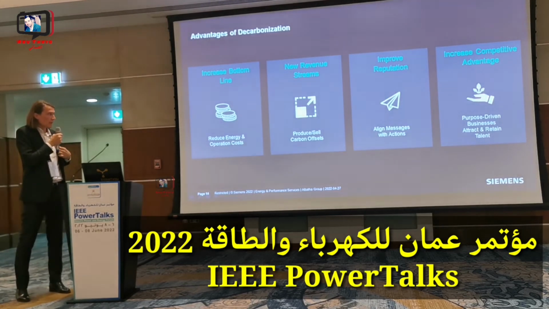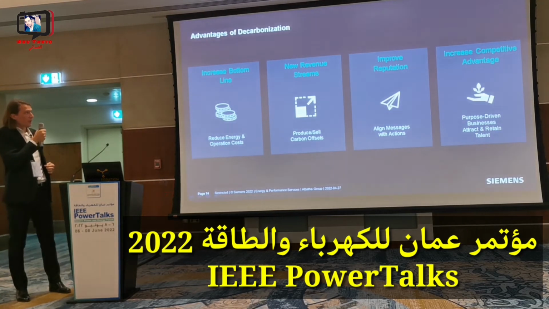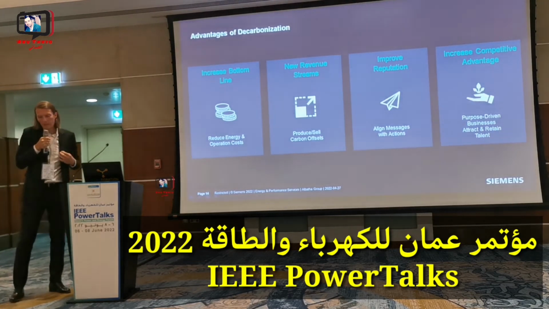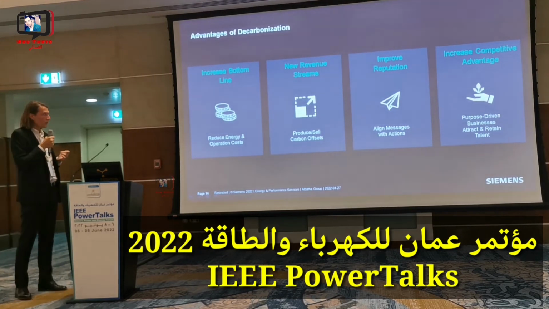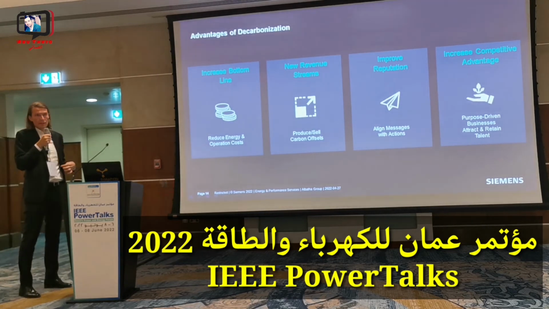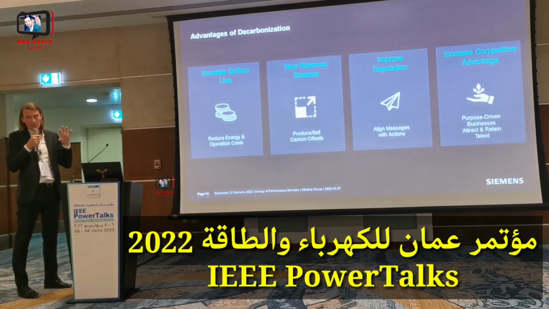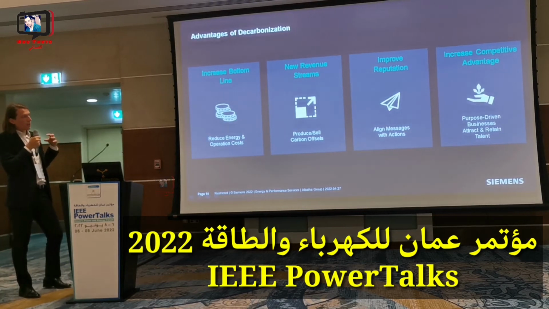As well, this now has a huge impact on reputation and increases competitive advantage. This competitive advantage comes through ESG, the environment, social and governance factors, where the environment is very important, and this will be a key factor for investments.